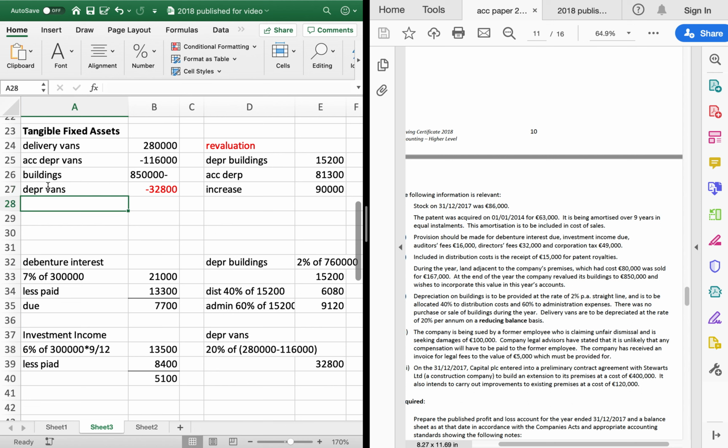Okay, so that's that working done. That would be sort of new, but that's very, very easy. Reducing balance is a key concept in accounting.